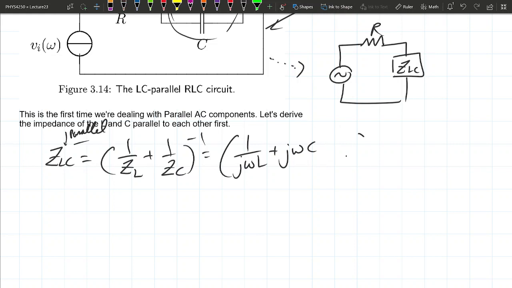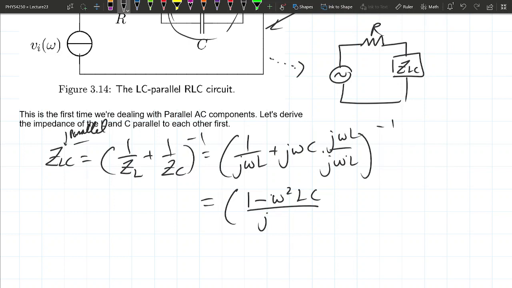So I multiply the second term by j omega L on the bottom and the top. Now we have a common denominator between them, so we can squish them together. The first term is just 1. j squared is -1, and then this is going to give you omega squared L C, all over j omega L. There's still this -1 here.